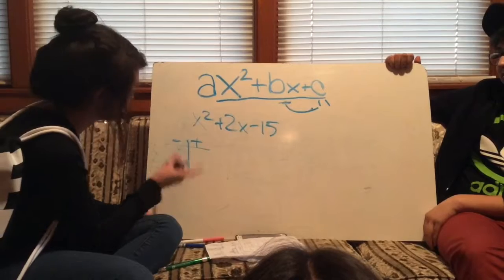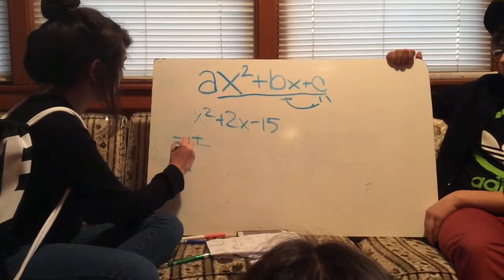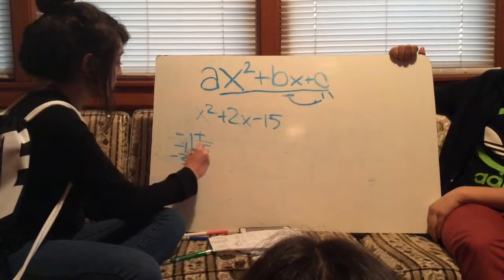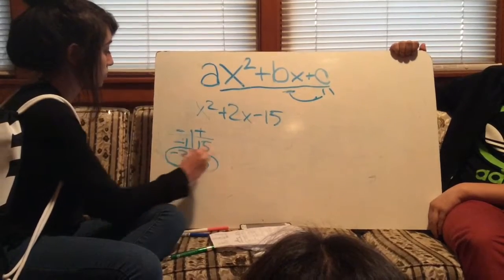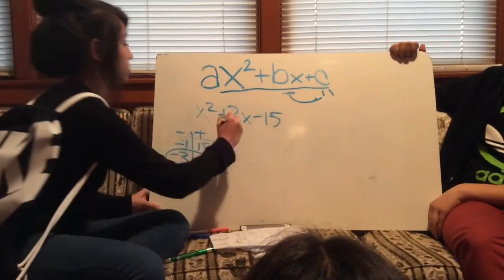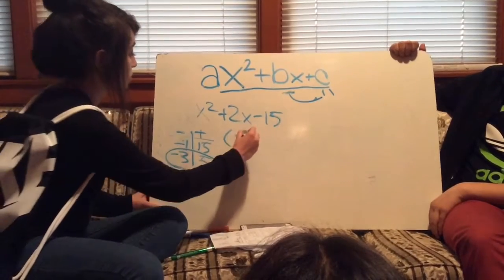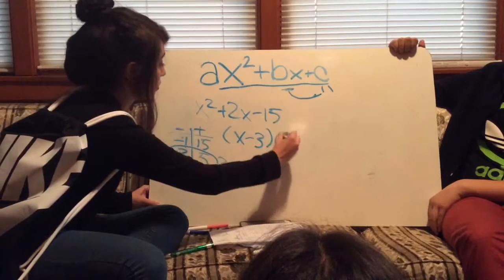The factors for negative 15 are negative 1 and 15, and negative 3 and 5. But we know that this equals 2 when we add it. So now we plug it into this, and it has to be x minus 3 plus the negative 3 right there.